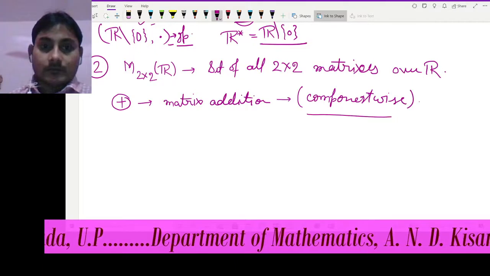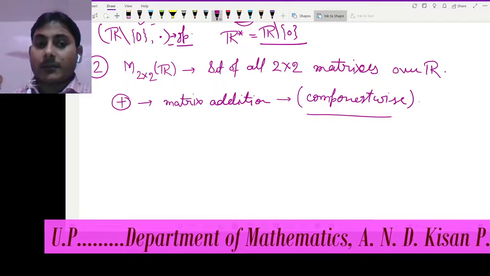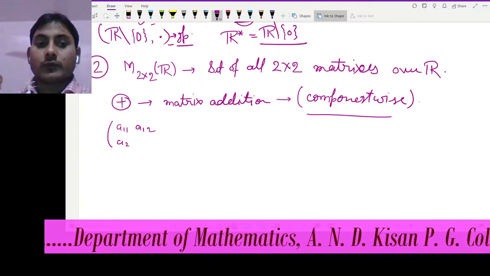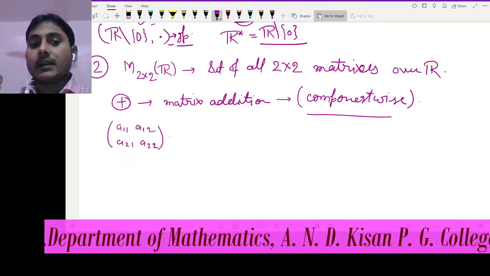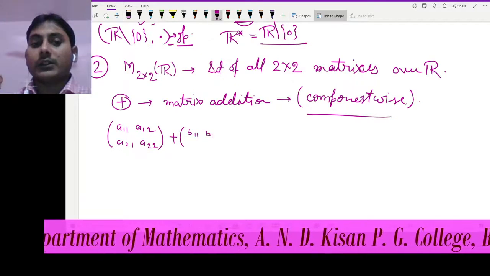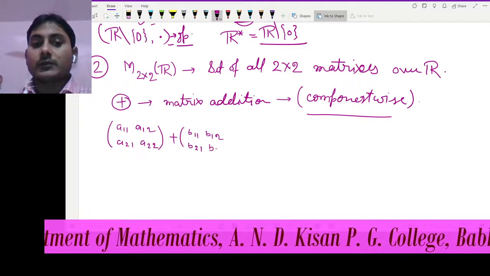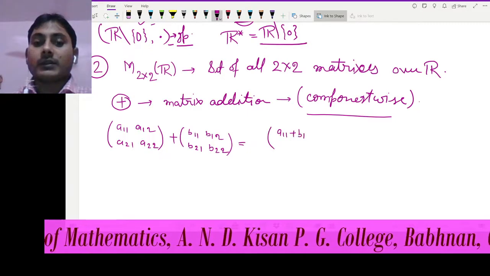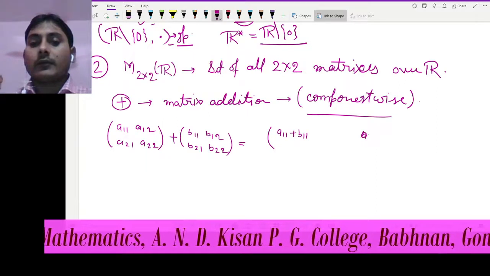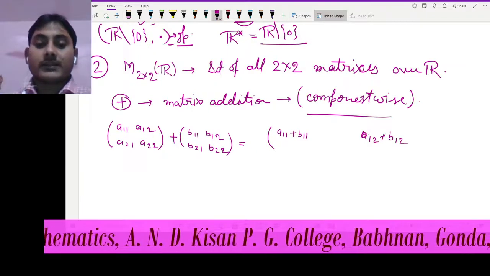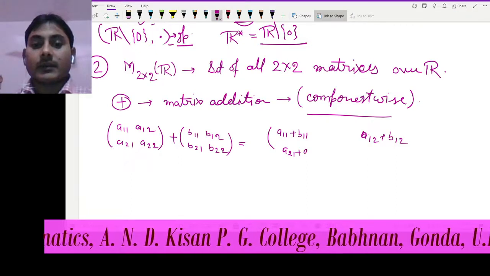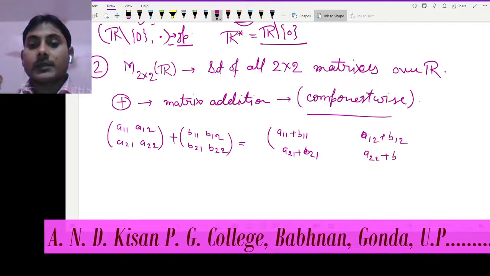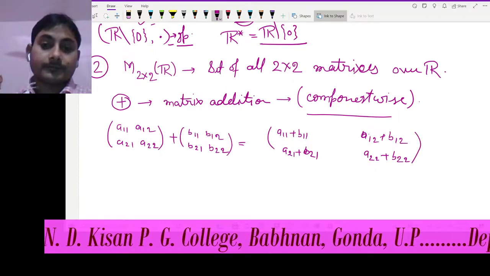Component wise means if you have two matrices, suppose A11, A12 and A21, A22, and you are adding this matrix with B11, B12 and B21, B22, you will get A11 plus B11, then A12 plus B12, then A21 plus B21, and then A22 plus B22.